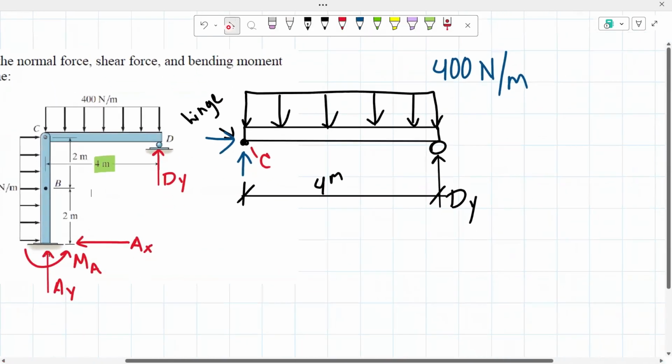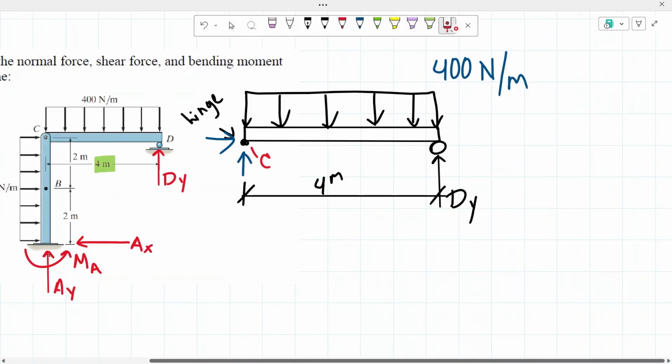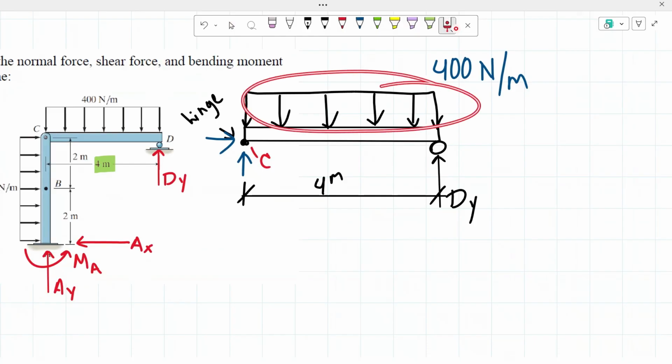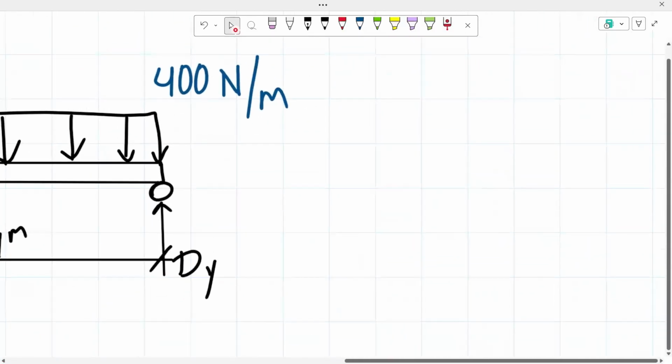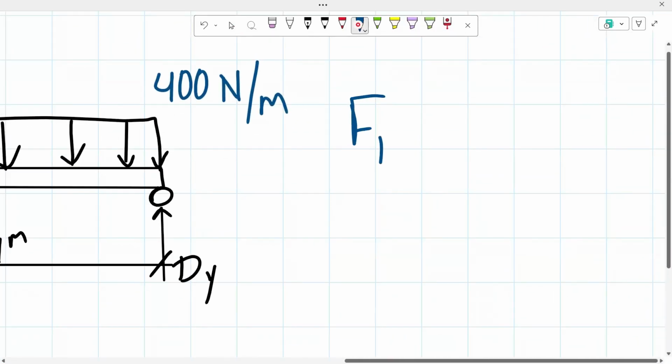The first thing we have to do before taking the sum of the moments about point C is determine the concentrated force of this loading. I'm going to call this F1, or you could call this R1, it doesn't really matter.